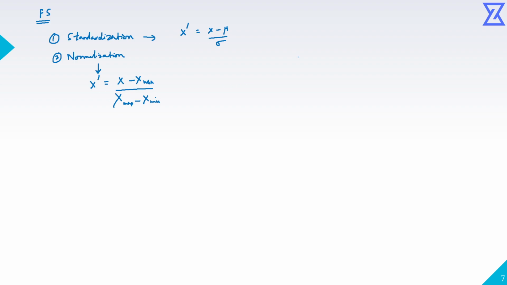I'll give a small example and then I will show you why feature scaling is important. Just imagine I have these numbers: 15, 15, 15, 18, 20, 22, 16. Now what will be the mu value here and what will be the standard deviation value? You can use Google, it's okay.